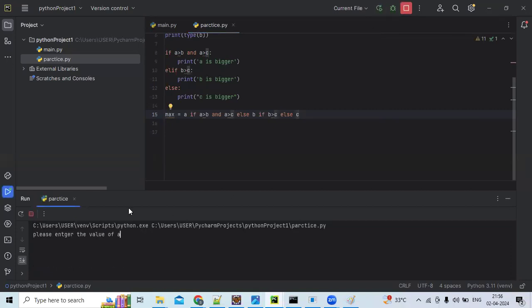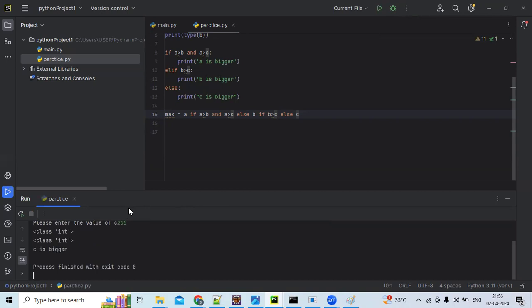What is the value? Please tell some values. 10, 40 and 200. C is bigger. Okay guys. Yeah, it is working. Yeah, see, we can use this. If you guys are confused, just apply brackets over this. Okay na?